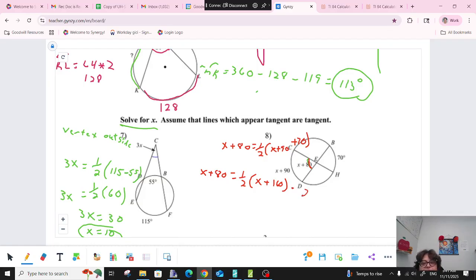So if I multiply this side by 2, I have to multiply this whole quantity by 2 here. That's just so I'm not dealing with fractions. What's 2 times x? 2x. 2 times 80? 160 has to equal x plus 160 because multiplying by 2 canceled out the half. We get x is equal to 0, by the way, because when we subtract 160 from both sides, we just get x is equal to 0.